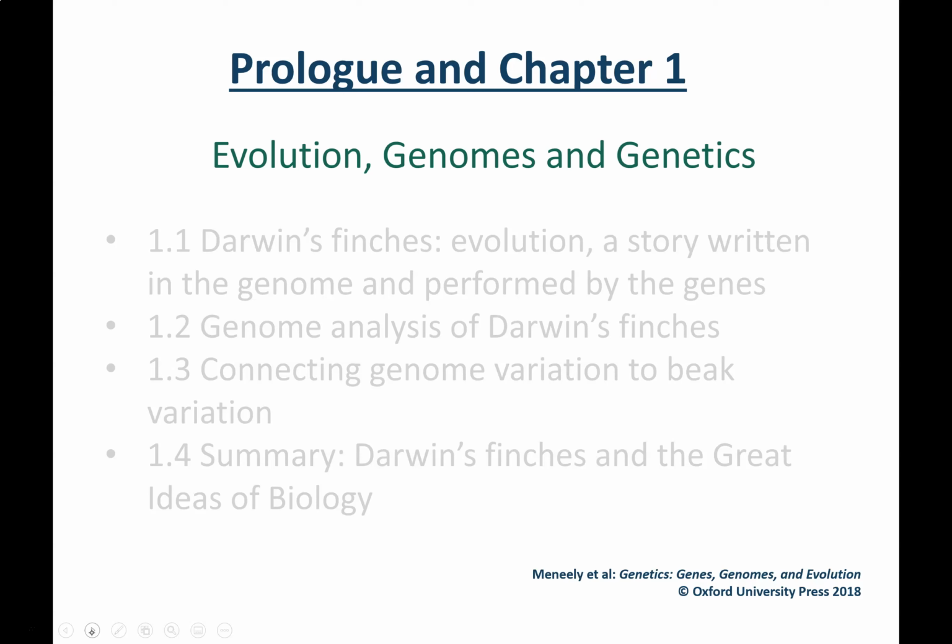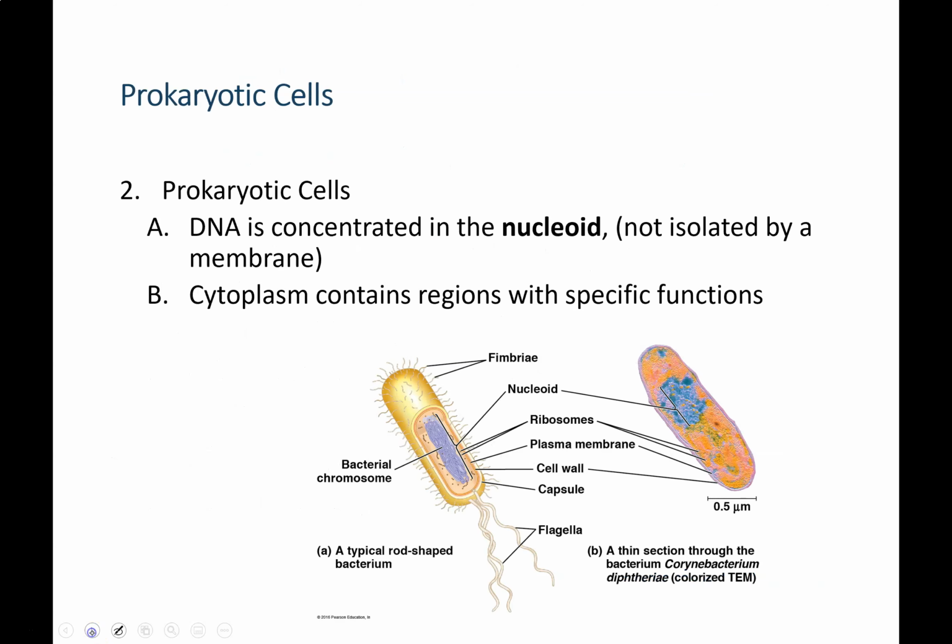I would definitely suggest reading the prologue just to jog your memory a little bit. If you're interested in chapter 1, by all means, take a glance at that. It is quite interesting, and it's a fantastic example of relating two different areas of study in biology.